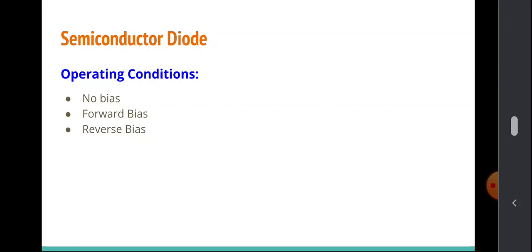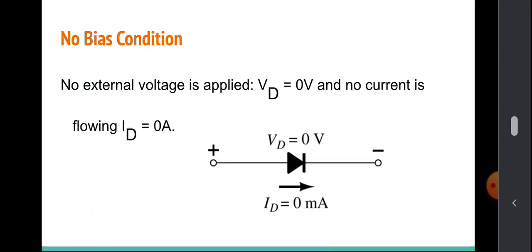Okay, the operating conditions of a diode. There are three operating conditions: no bias, forward bias, and reverse bias. In the no bias condition, if you look at the figure, there is a symbol of a diode with a voltage V sub D equal to 0 volts and the current I sub D equal to 0 milliamps.